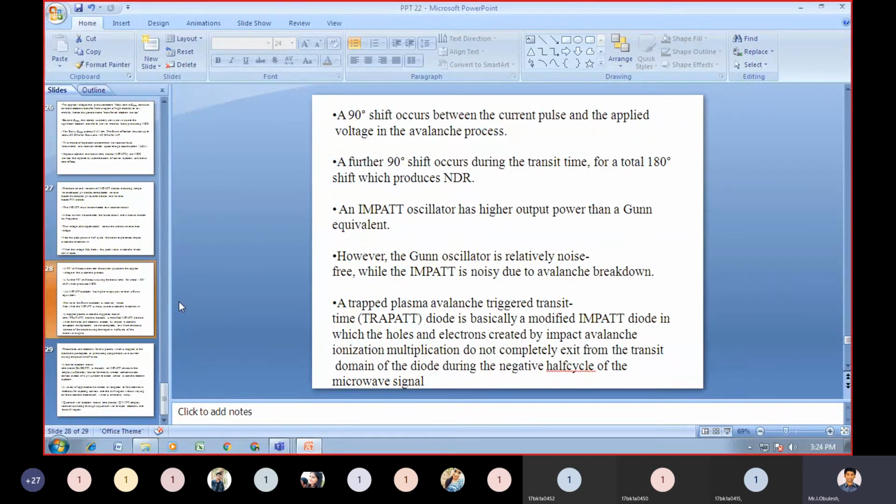The TRAPATT diode is basically a modified impact diode in which the holes and electrons created by impact avalanche ionization multiplication do not completely exit from the transit domain of the diode during the negative half cycle of the microwave signal.